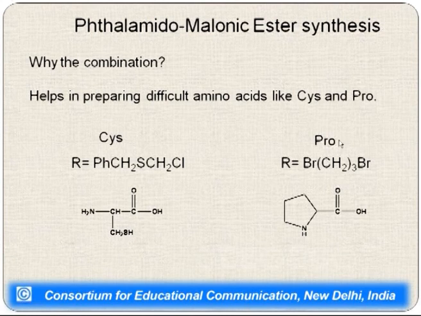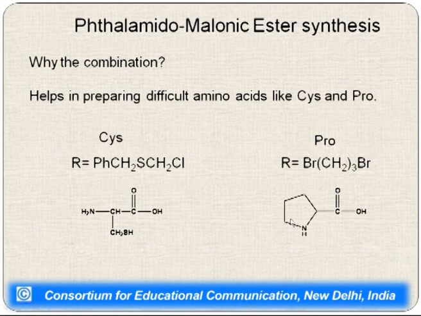Next is proline. It is pretty interesting because we require a long chain to attack from the negative charge which is produced in the active methylene group of phthalimido diethyl malonate, to attack this CH2 removing Br. Then CH2CH2CH2Br is formed, and then the bromide is cyclized with the NH of the phthalimido compound.